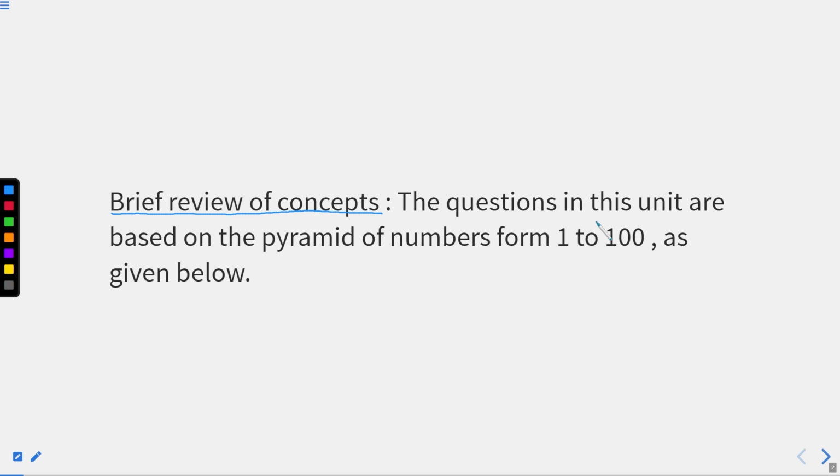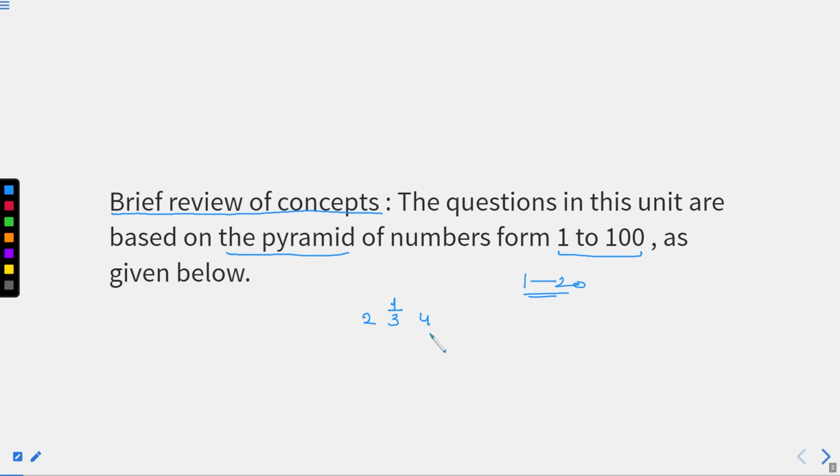Now the questions in this unit are based on the pyramid. What exactly a pyramid is, I have told you how the pyramid looks in this chapter. Pyramid of what? Numbers from 1 to 100. Okay, if I take an example in front of you, let's say I have numbers from 1 to 20, how will I arrange them in a pyramid manner? First we will write 1 in the center, then we'll start from the left and write 3 numerical values, that is 2, 3 and 4.